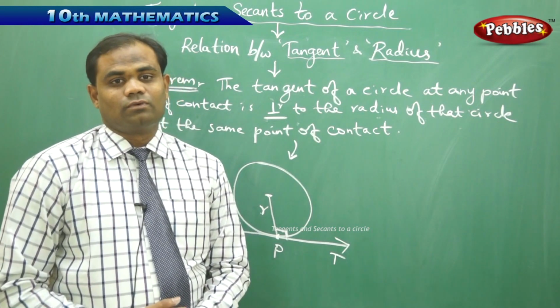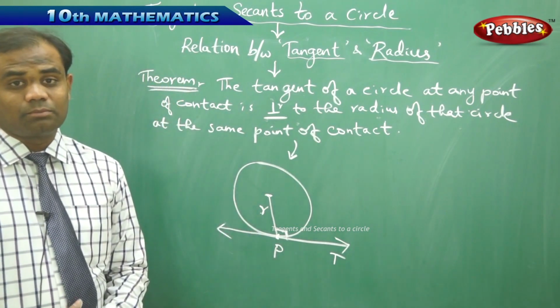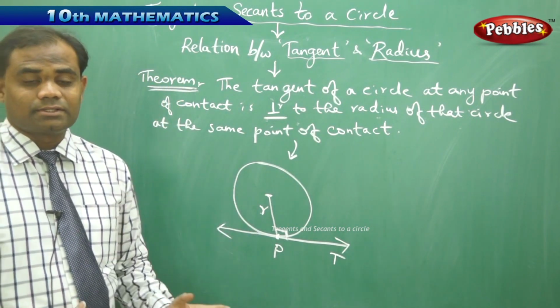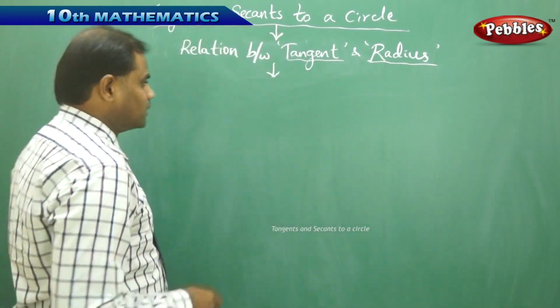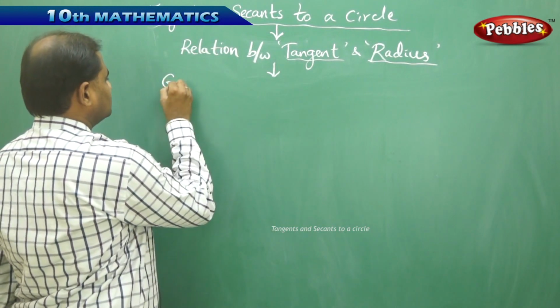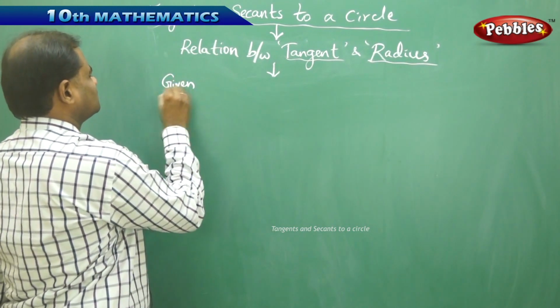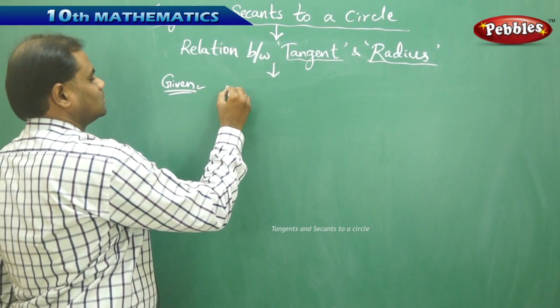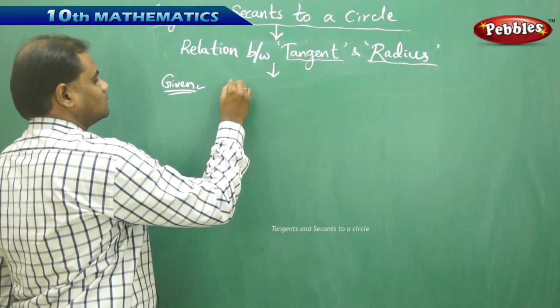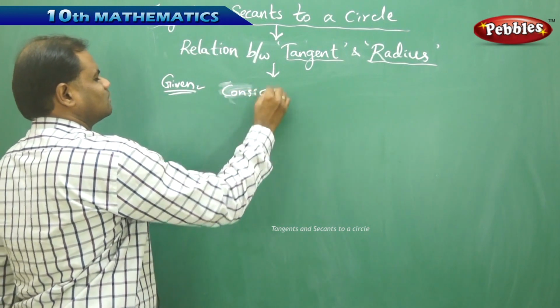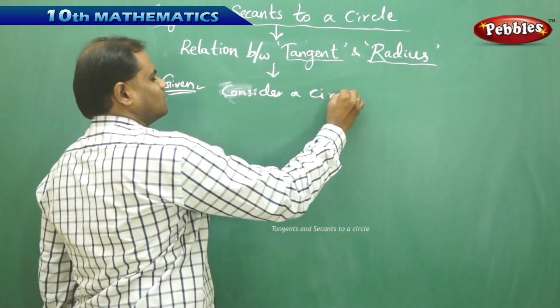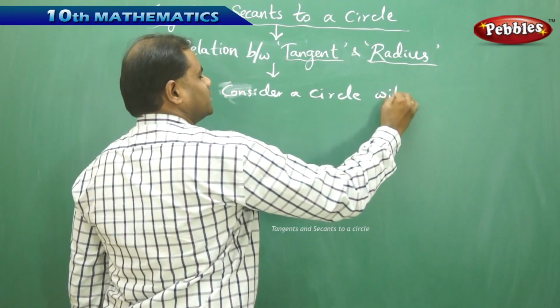So let's try to prove this using various mathematical properties. Let's start with the given part of the theorem, which says: consider a circle with center O.